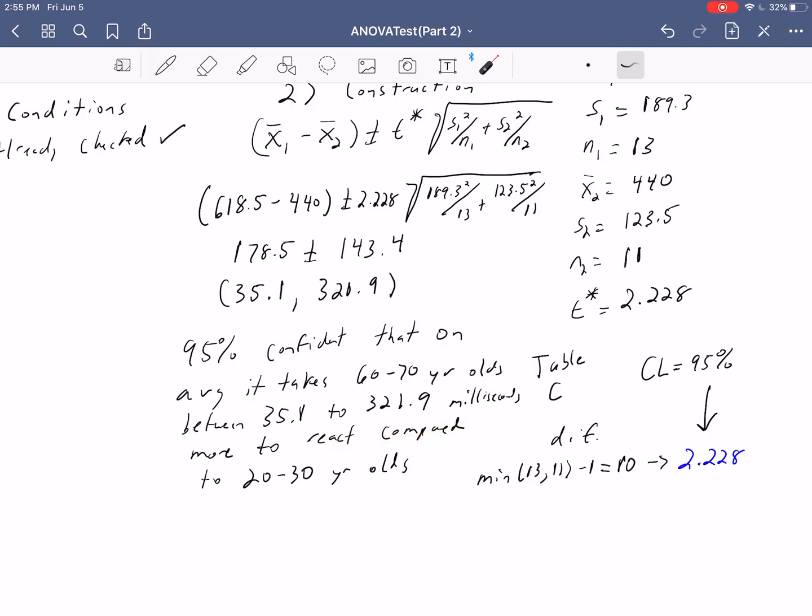So in other words, you could say that 60 to 70-year-olds on average are somewhere between 35.1 and 321.9 milliseconds slower than 20 to 30-year-olds to react. So there we go. Now we not only diagnosed that there was a difference using the ANOVA test, but then we used our confidence interval to sort of build an estimate for how big that difference really was.